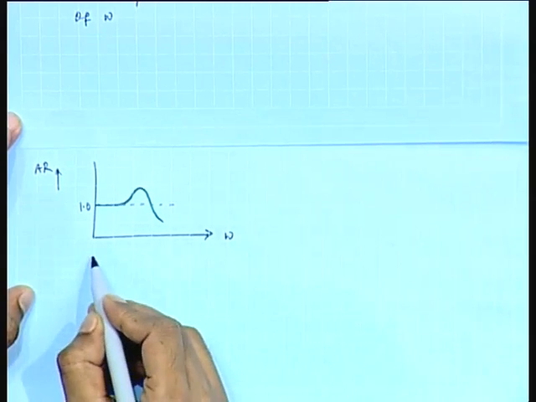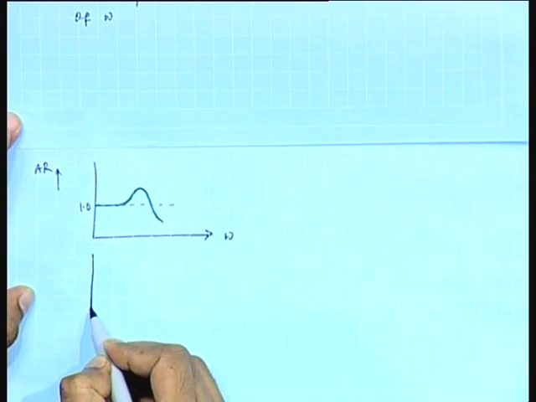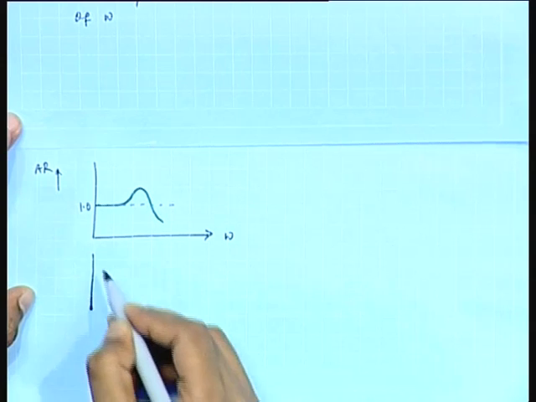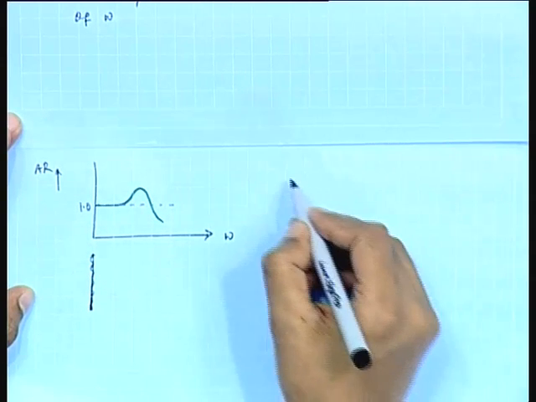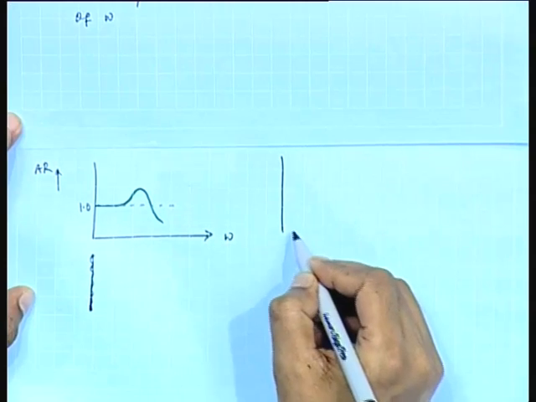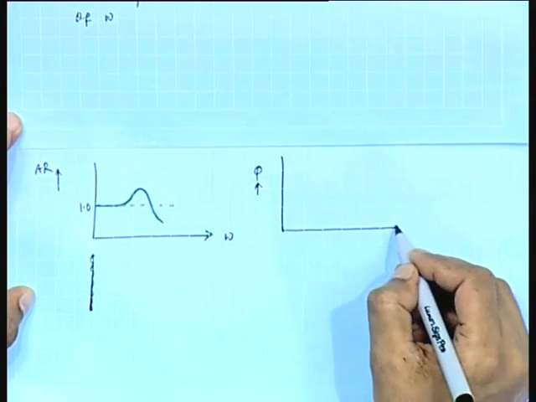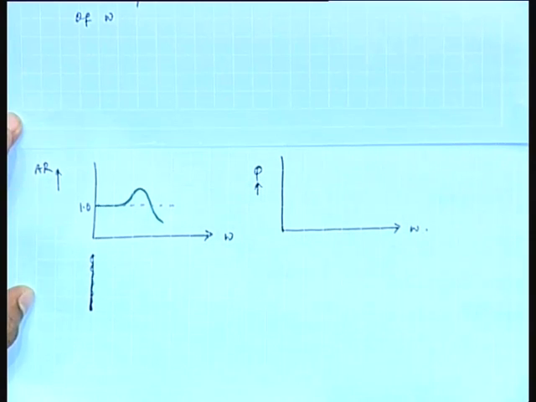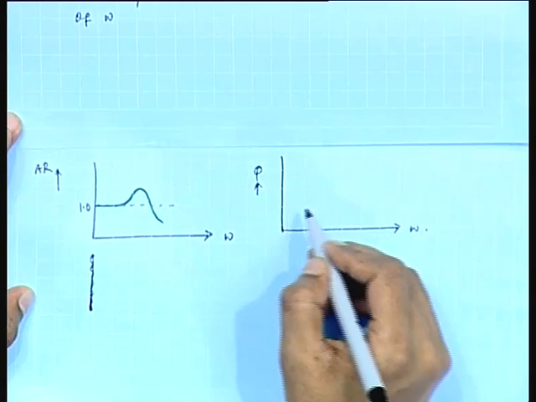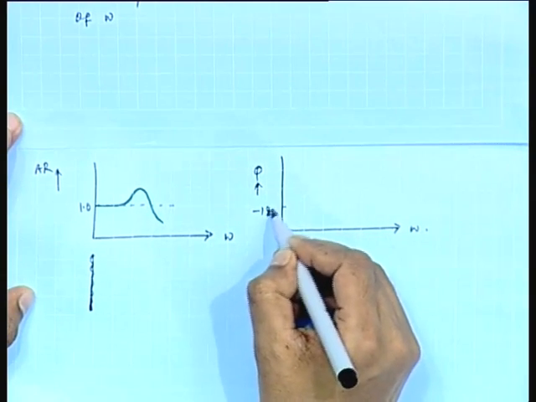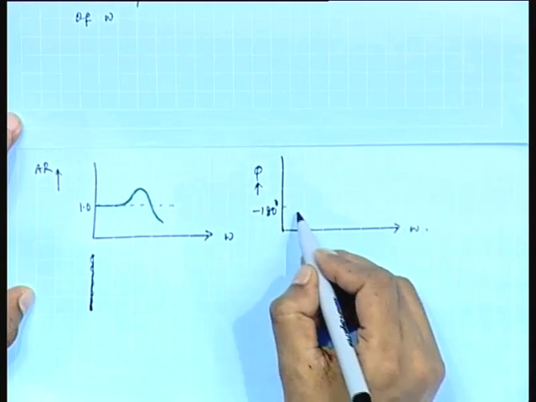Similarly, for few systems the phi versus omega plot is somewhat like this.